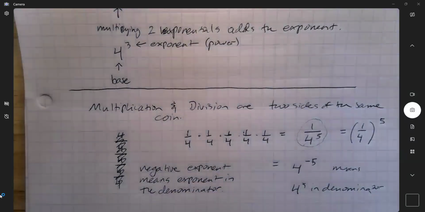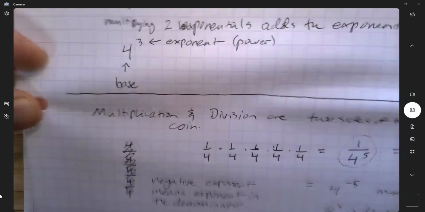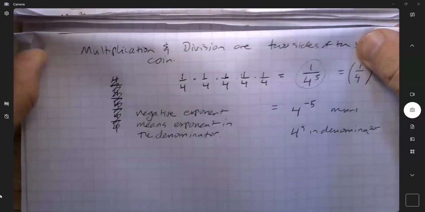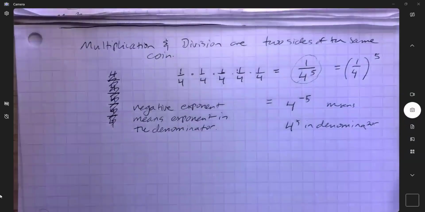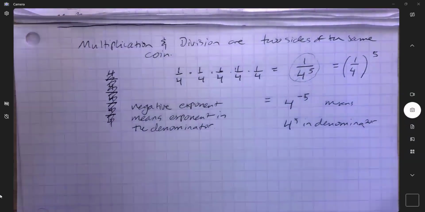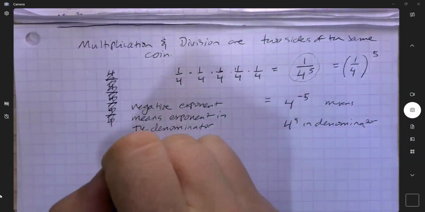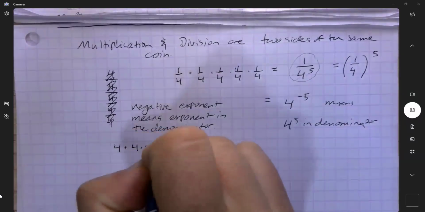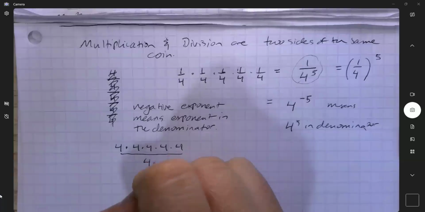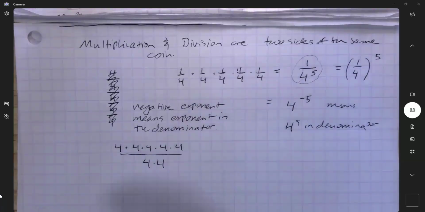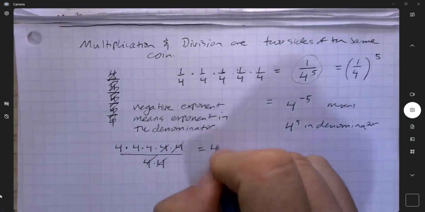And the real reason mathematicians developed that notation is because it allows the other rules, like the one we just saw, to work. So if I were to take 4 times 4 times 4 times 4 times 4, and then I was to divide it by 4 times 4, we know the divisions will cancel and we end up with 4 cubed.